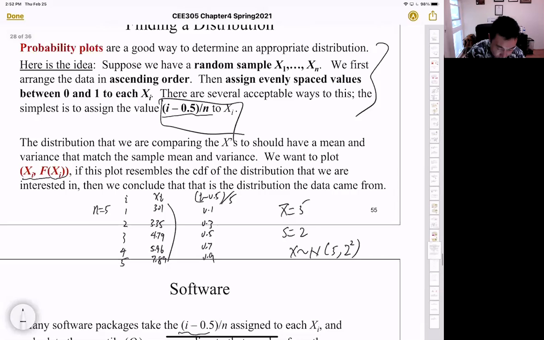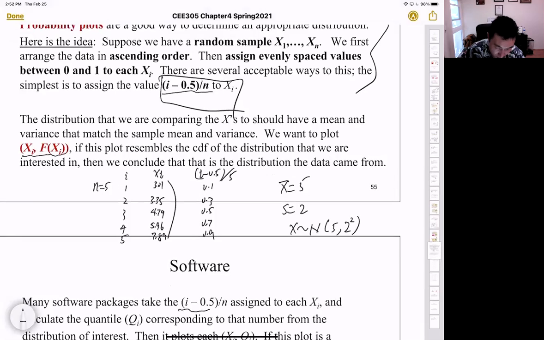For example, for xi of 3.01, we calculate (i minus 0.5) over 5, that is 0.1. Then we suspect the sample follows this normal distribution.